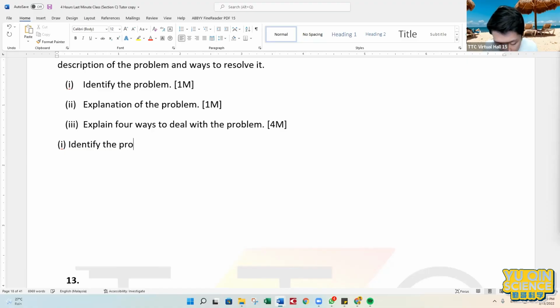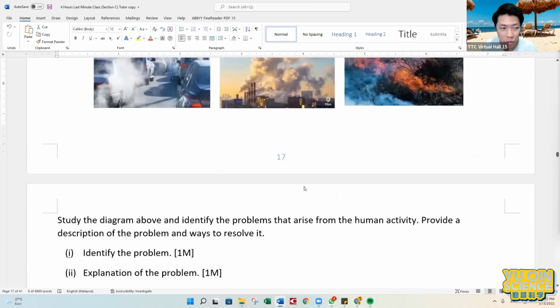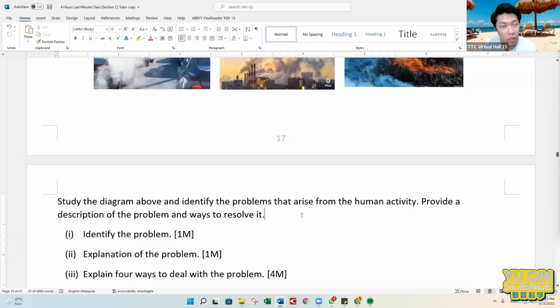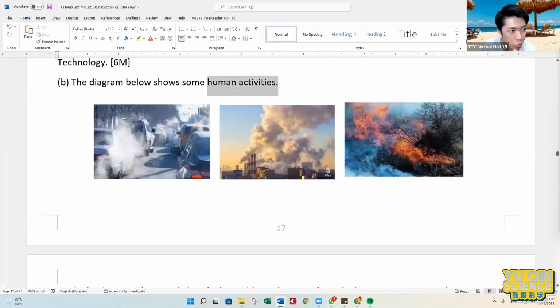You don't want to write the question also can. I just want to do it so I know what I'm doing. So identify the problem. Okay, so what problem do we have? Usually you copy from the question itself. Question itself give you answer. Yes, correct, you heard me right. Copy from the question. But in this case, human activity.